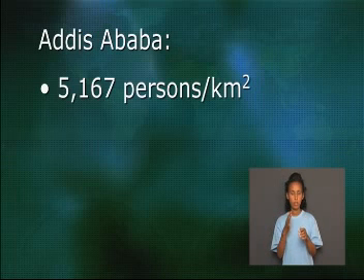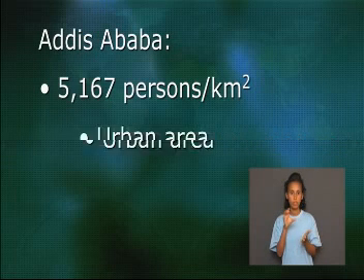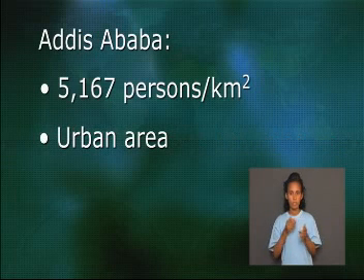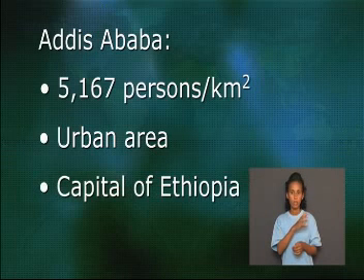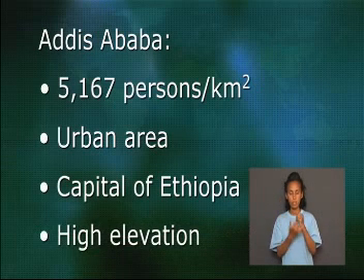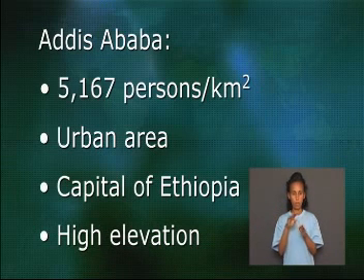This can likely be attributed to several factors. Addis Ababa is a city, so people live in closer proximity to one another. It is also the capital city of Ethiopia, and as such, draws a larger population. Finally, Addis Ababa is a highland region of the country at 2,355 meters above sea level.